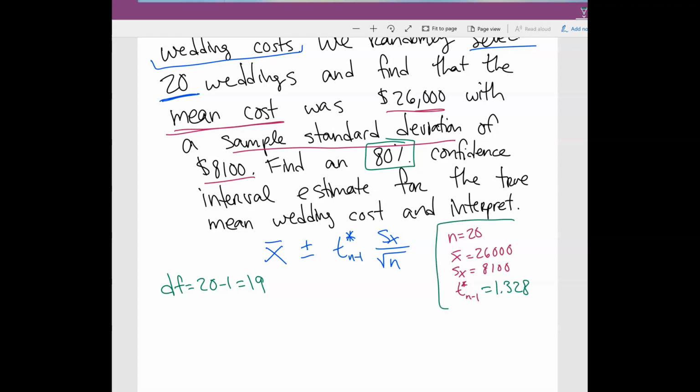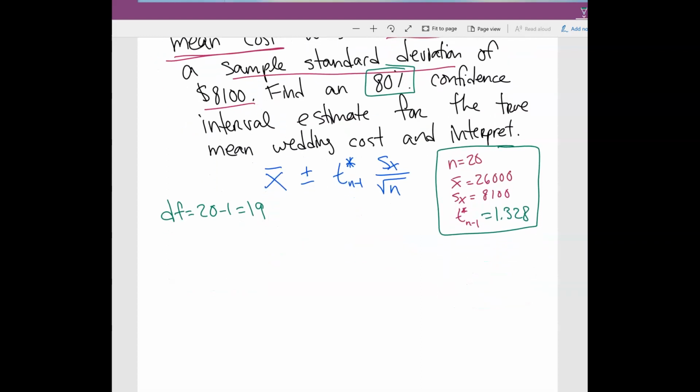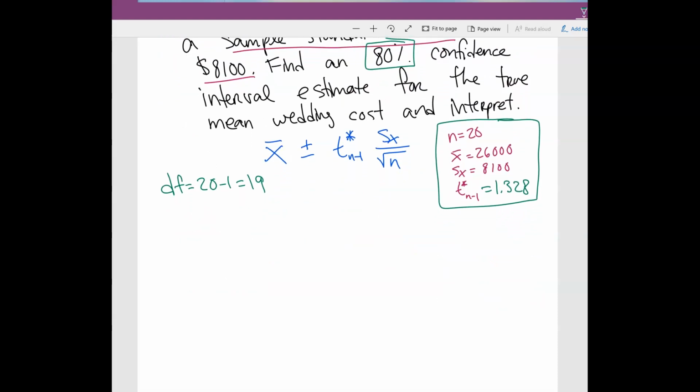Okay, so we now have all of the information that we need to be able to plug it into the formula. So all we got to do is we got to do first one with minus and one with plus. So we're going to do x bar minus t star n minus 1 s sub x over square root of n. And we're also going to do x bar plus t star n minus 1 s sub x over square root of n. So we're going to do both. So the first thing that we're going to do is we're going to plug everything in there.